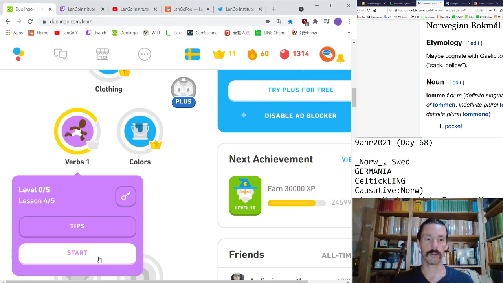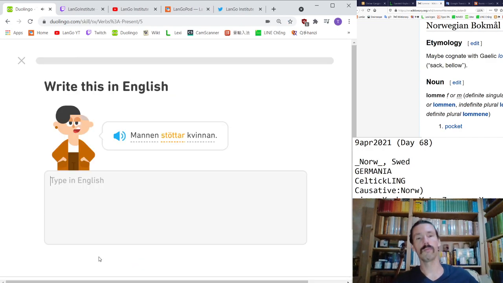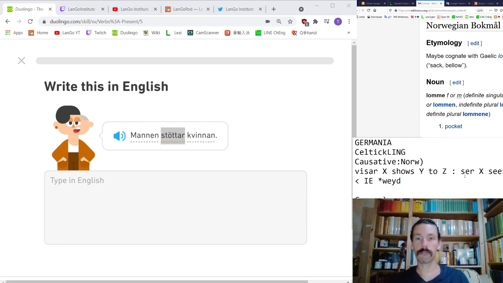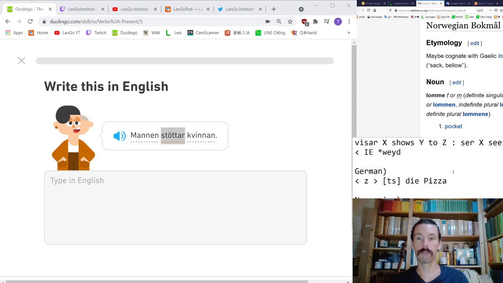Let's complete this circle. Mannen stöttar kvinnan. Stöttar. So the man, verb, the woman. Kvinnan stöttar. Supports. Okay, what's the cognate here, Levi? Stöttar. X supports Y. We'll do it in Swedish.